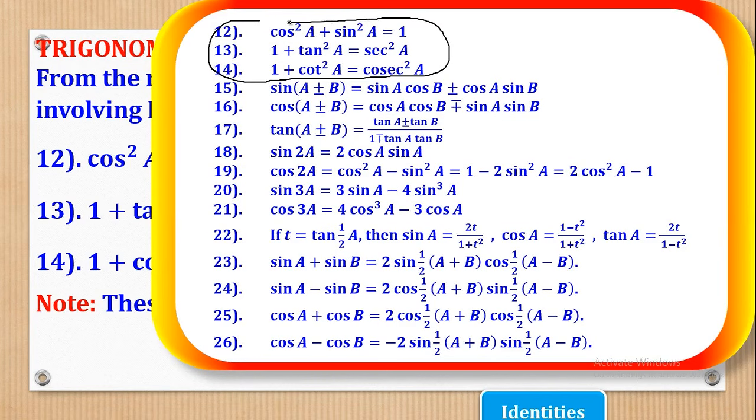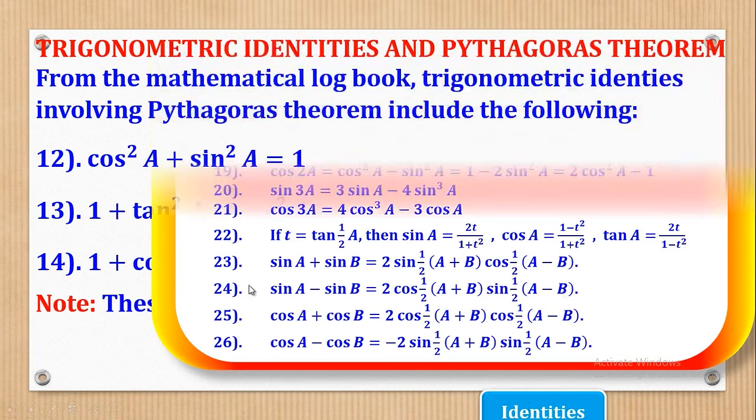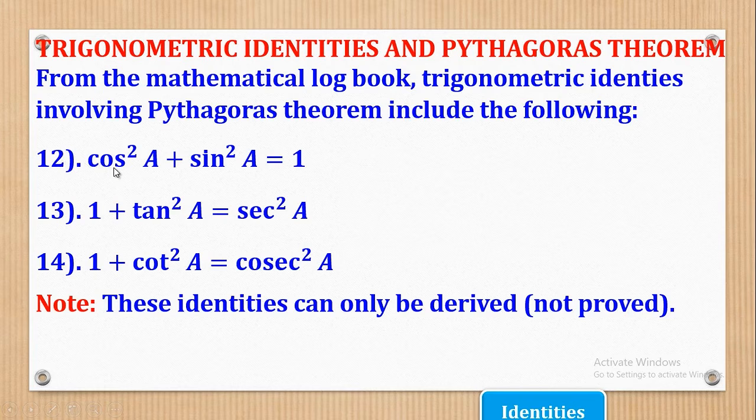Now those first three identities require Pythagoras theorem, and they have been listed here, where the first one says that cos squared A plus sine squared A is equal to 1, the second one is 1 plus tan squared A is equal to sec squared A, and the third one is 1 plus cot squared A is equal to cosec squared A. And the note is that these identities can only be derived and not proved.